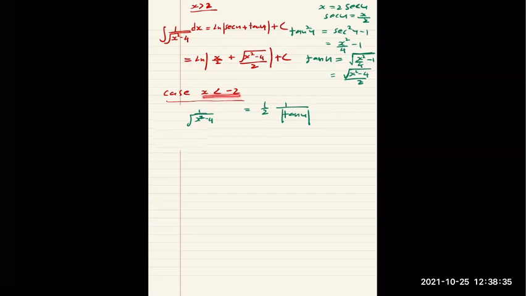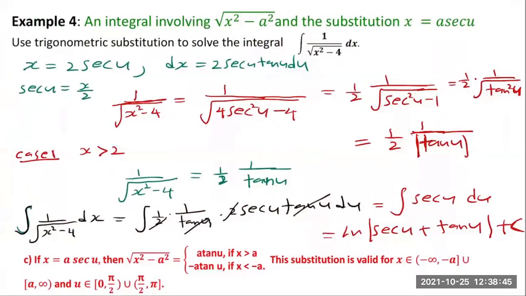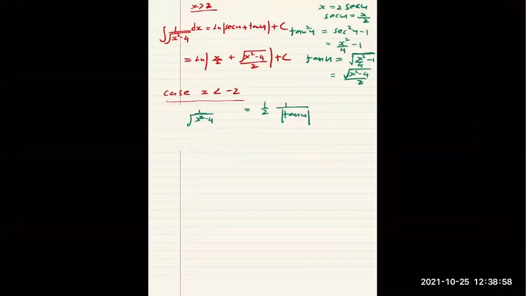If your x is less than minus 2, this is negative. That means your secant u is negative. That means your u should be in the second quadrant. Remember, u has to be in one of these intervals. Since secant u is negative, your u has to be between pi over 2 and pi. Okay, that means it's the second quadrant.